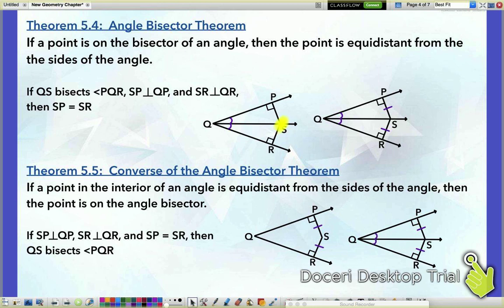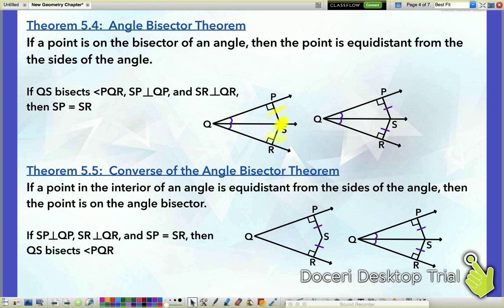So S is the point that's on the bisector of the angle. That means that these two parts are congruent, which shows in this diagram over here. It shows SP and SR are congruent.